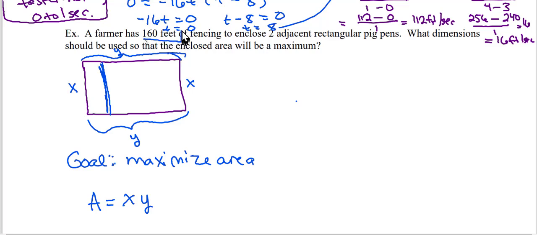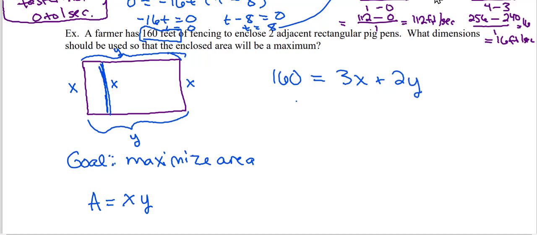The answer to that is this 160 feet of fencing. We have 160 feet of fencing to enclose these pens. That 160 has to cover 3 X's and 2 Y's, right?